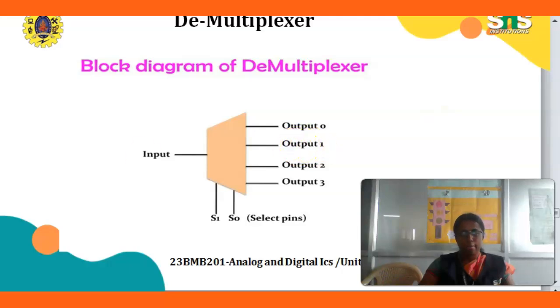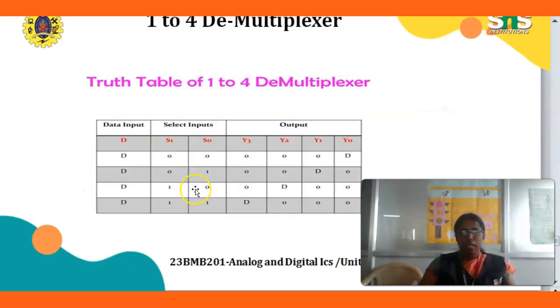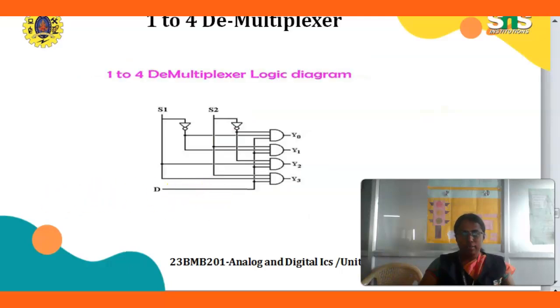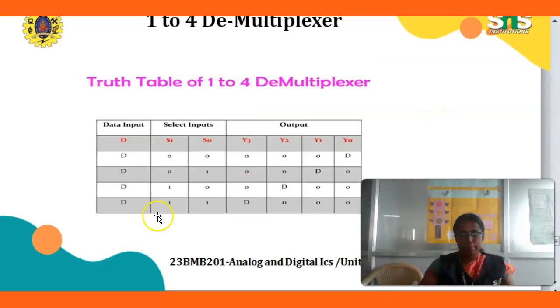If S1 is 1 and S0 is 0, the input D goes directly to Y2, output 2. If it is 1, 1, the input D goes directly to output Y3.